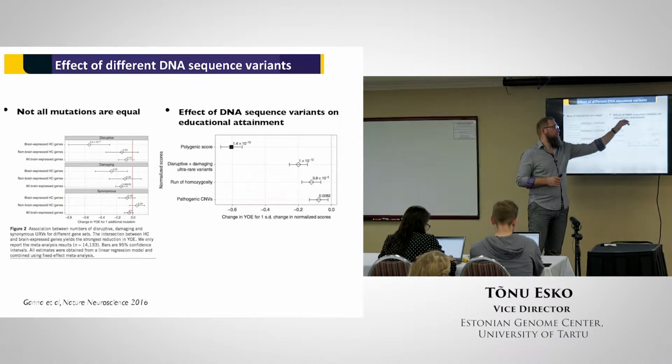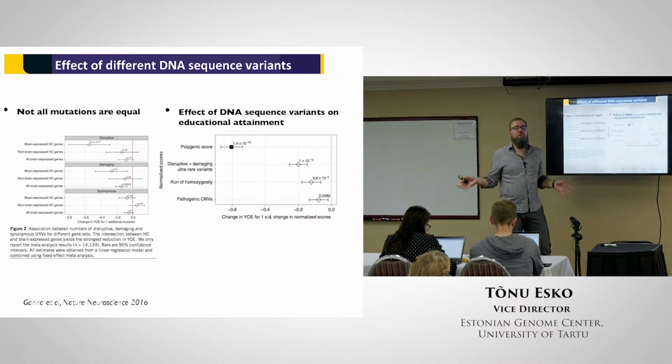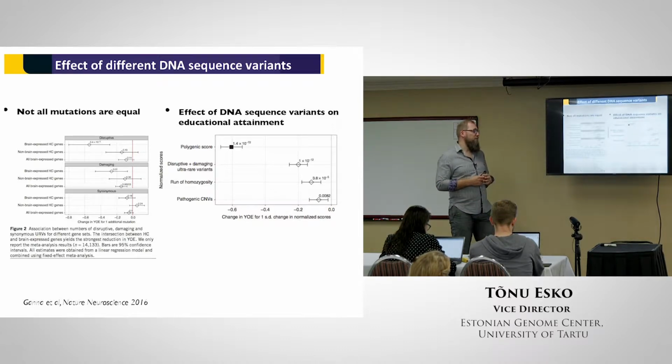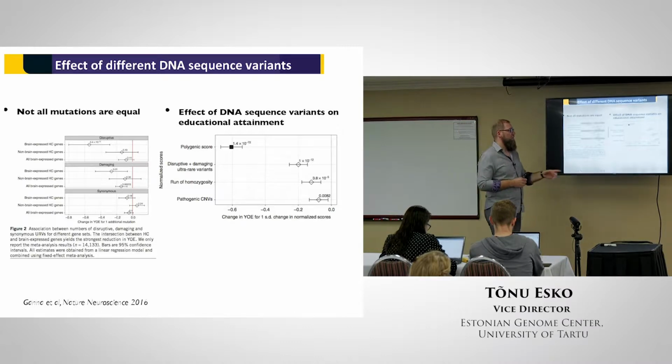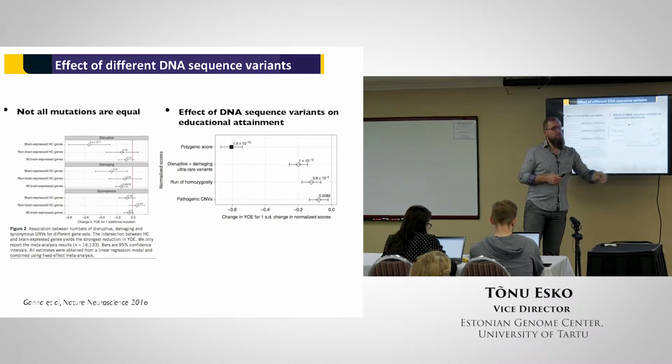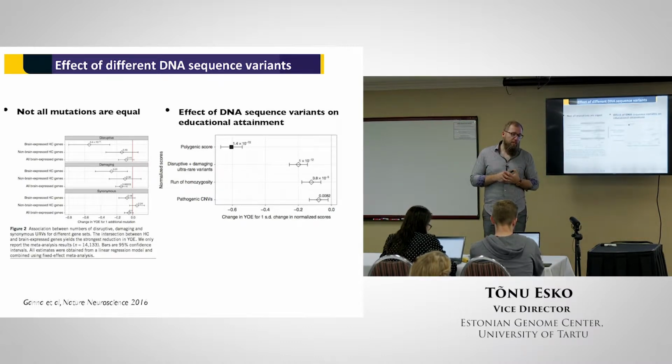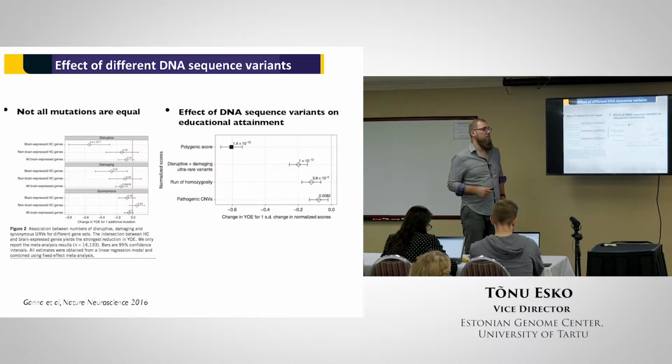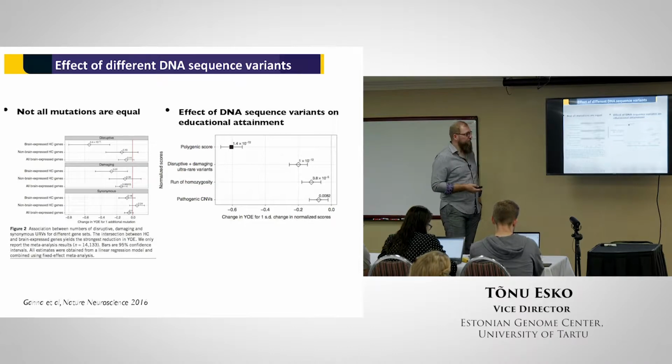Here, the polygenic risk score still explains far more of the phenotypic variance, but all these disruptive rare mutations actually help you to figure out what could be the causal gene.